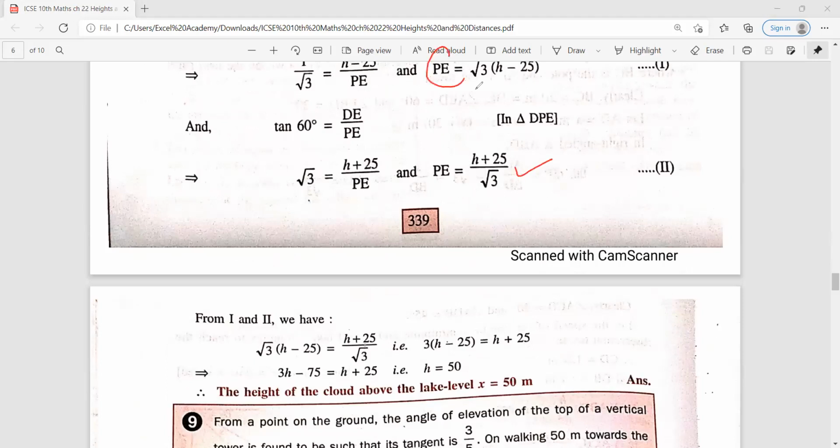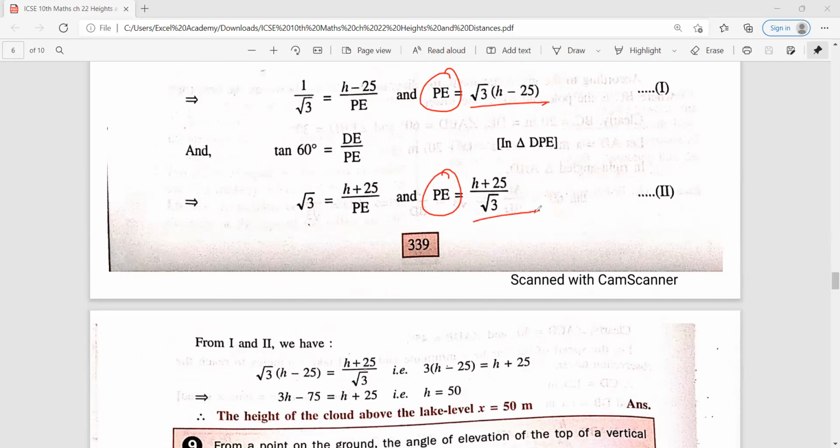Now see, in both the equations you have PE on the left hand side. So can you equate these two? Of course you can equate. Cross multiply, you will get 3 into bracket h minus 25 is equal to h plus 25. So bring h on one side, you get 2h is equal to 75 plus 25, 100.